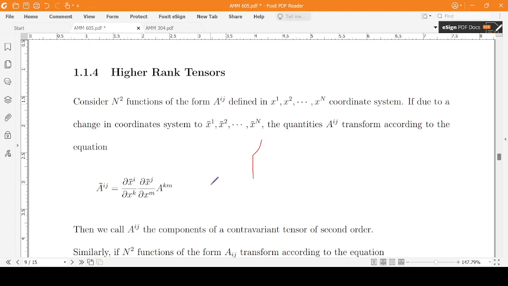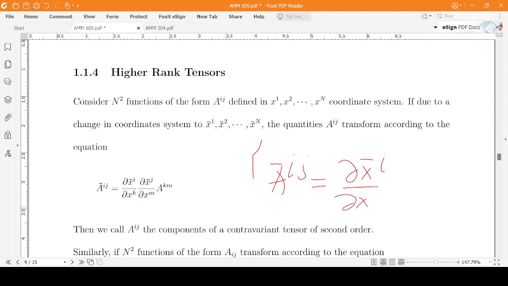So that we have here aij, we have a bar ij transforming to the partial x bar i. You see the i is derived from here. And then we have dxk, then we have dx bar j.